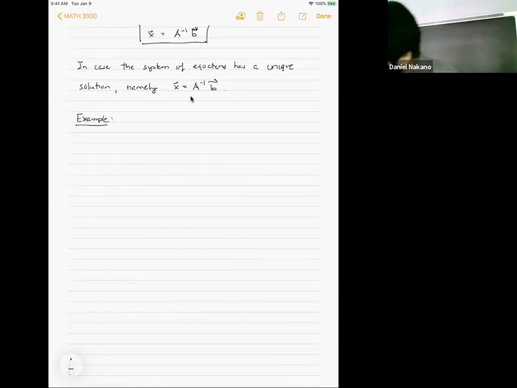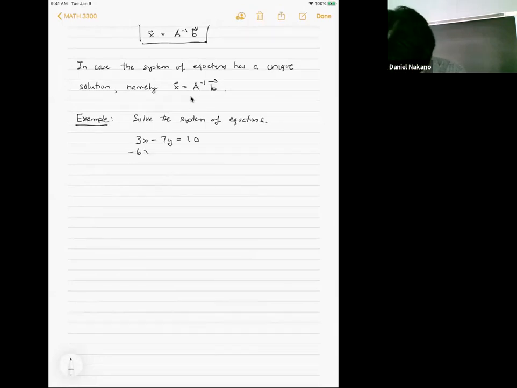All right, so here's the example. So solve the following system of equations. Okay, so I have 3x minus 7y is equal to 10.